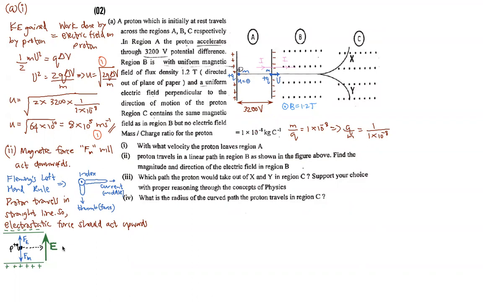Magnitude also we have to find out. We know for a straight line path, Fe is equal to Fm.